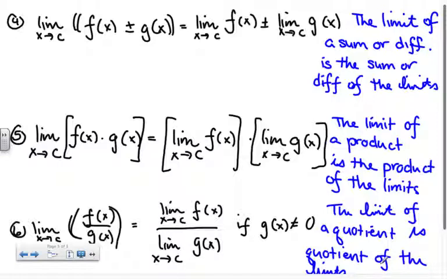So a limit of the quotient is a quotient of the limits. Obviously, if the denominator is not 0.